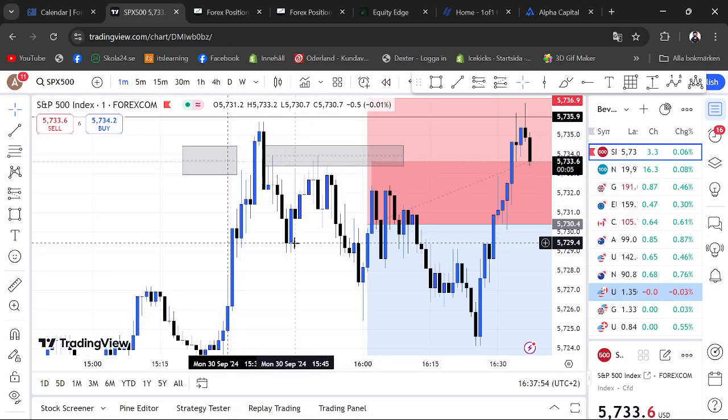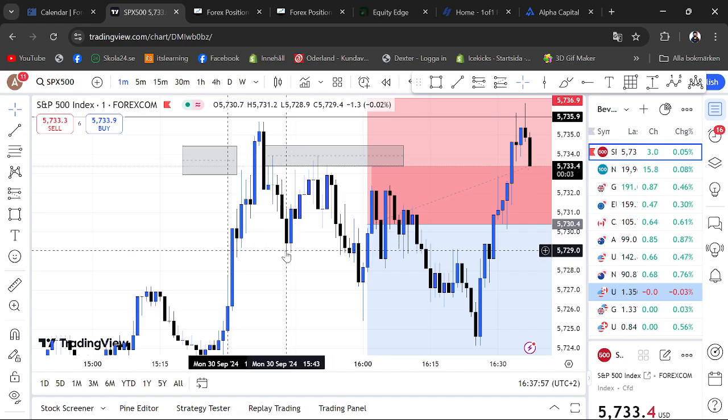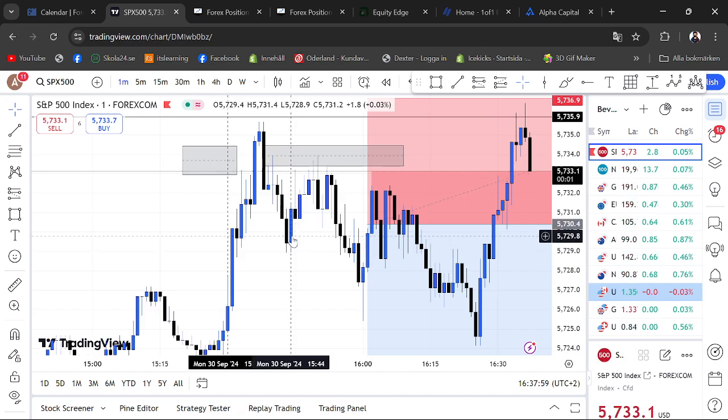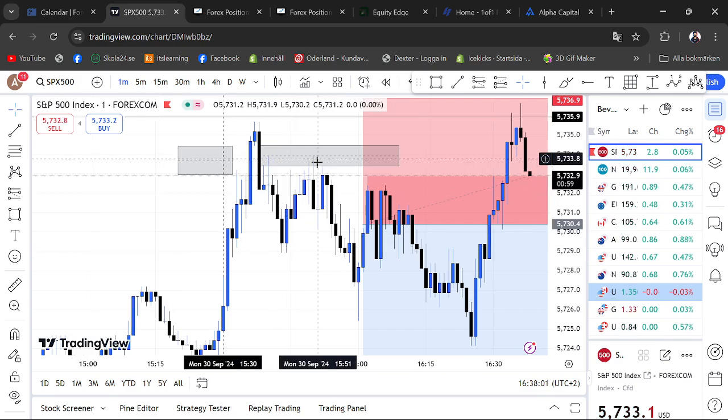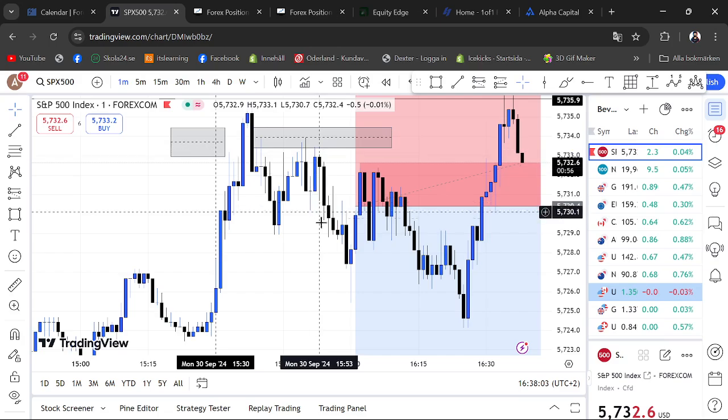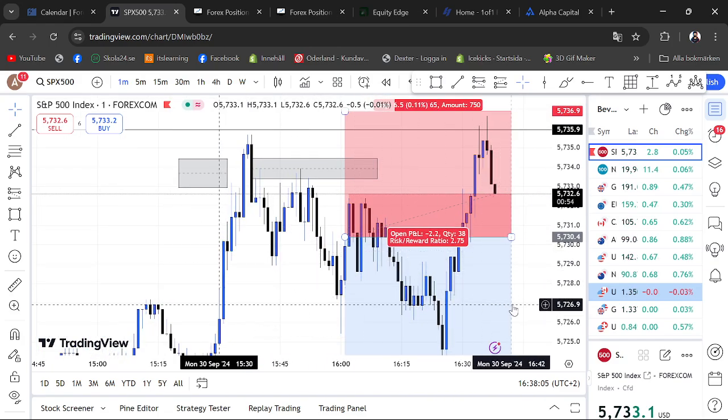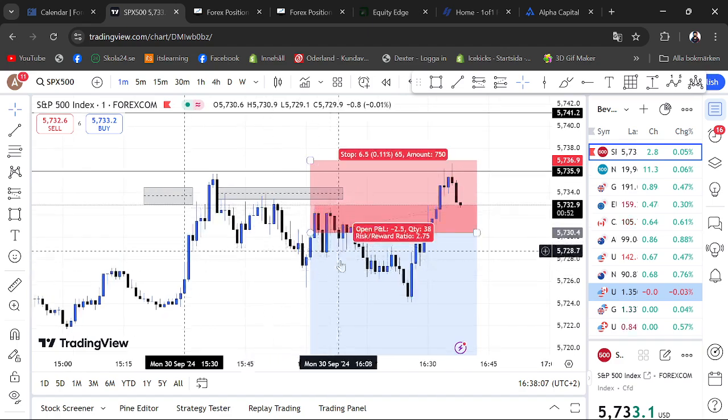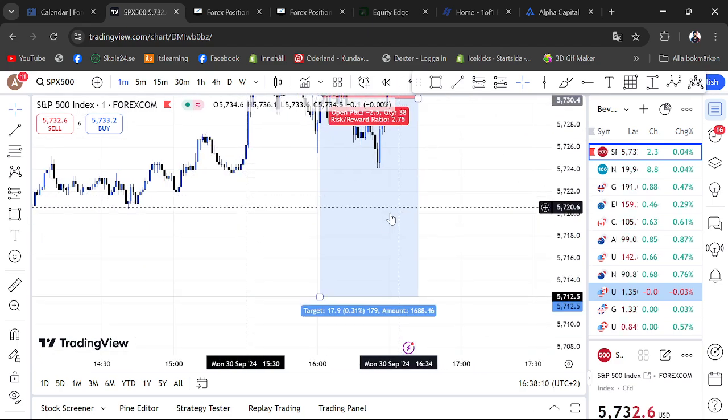We see a big rejection to the downside, but I was gonna wait for the news. So this is when the news came, and we see again a push to this fair value gap, and then we see a rejection to the downside. So why I did not take the trade, because it wouldn't give me a good risk reward ratio.